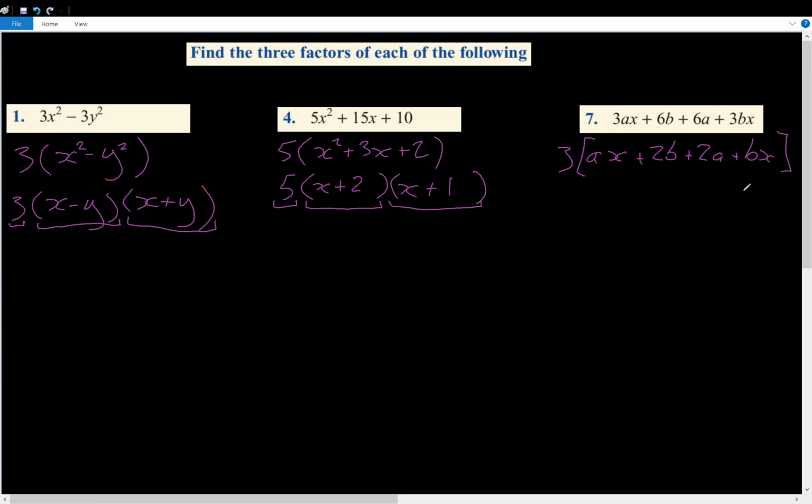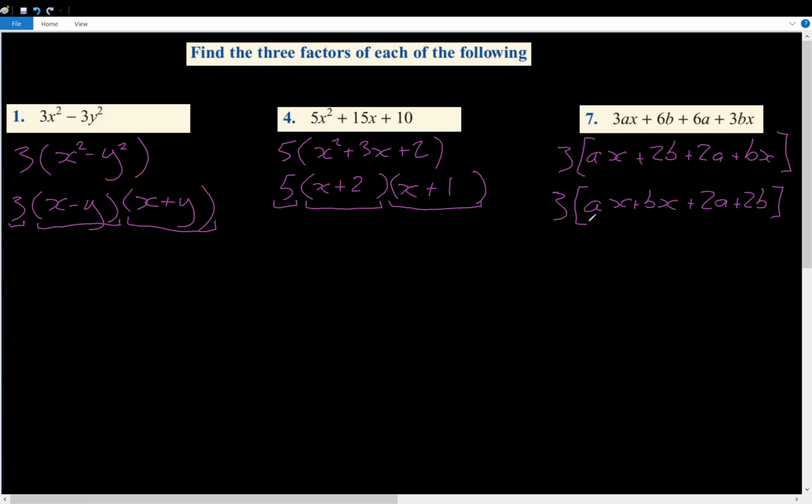And now inside our bracket we still have a factorizing by grouping, but this is a far more manageable one. So we're going to rearrange them. We're going to put the 2's together and put the x's together. So leaving our 3 on the outside, we're going to get ax plus bx plus 2a plus 2b, like so.